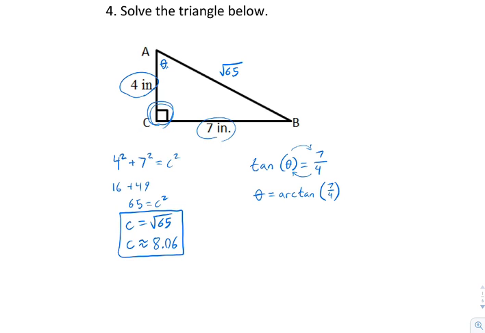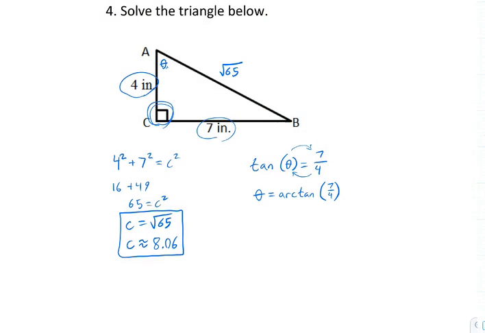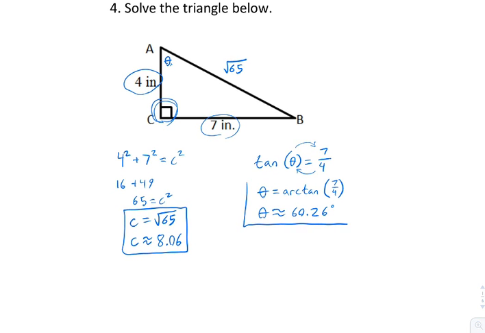So the arctan of 7/4 over here, I go arctan of 7/4. That's 60.255. I'm going to round that up, so 60.26. So theta is around 60.26 degrees. So there's an exact value and an approximate value.